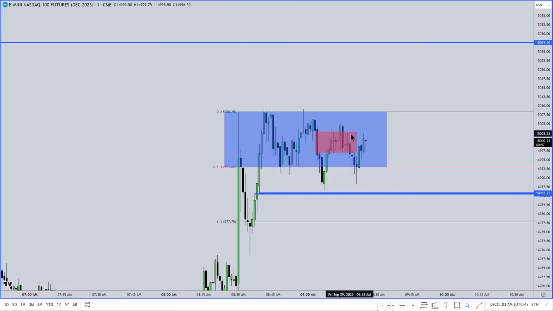Let me ask you a question. If you would have taken that short in this area here, would you feel comfortable with it right now? It still could work. I'm not going to argue and say that it can't still drop. But I'm saying right now, if you were in that trade, and I'm sure quite a few of you are, you're thinking, damn it, I should have listened to ICT. Who knows? I might be wrong. It might just drop down here and go below this low here.